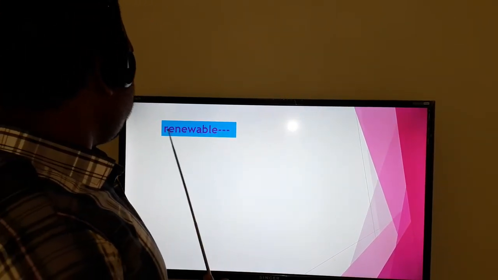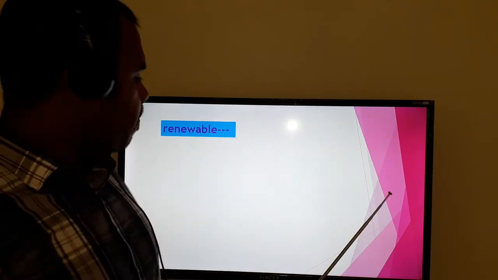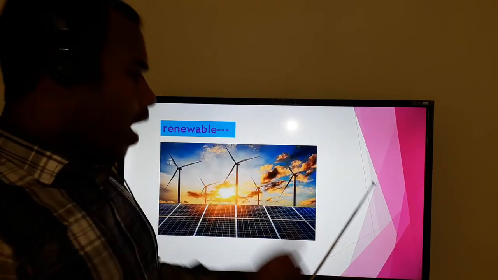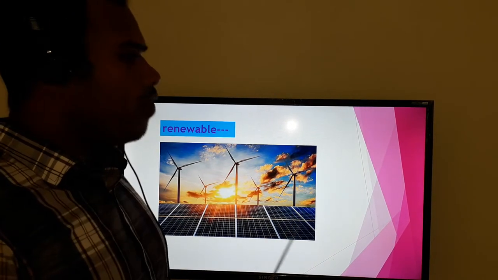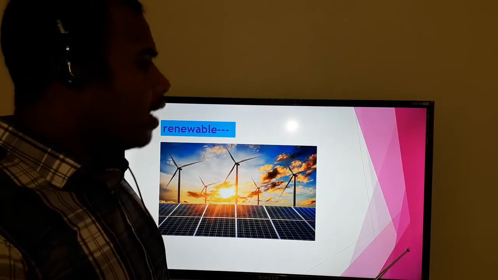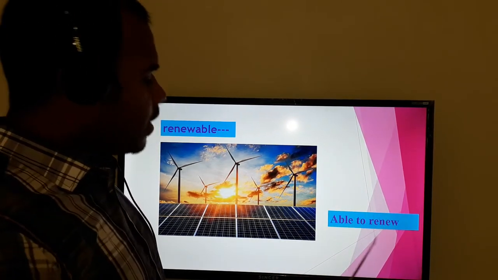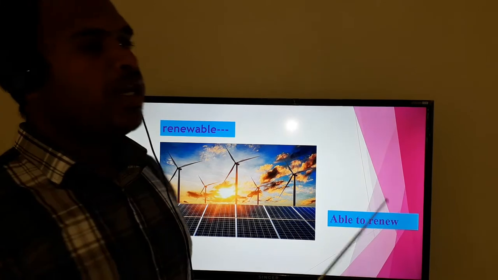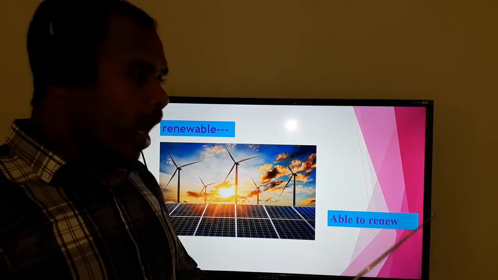And another one is renewable. Have a look, renewable. Can you tell me? You said it. That's a picture of renewable: we can renew, we can use again and again. That is renewable, able to renew. Everything has a time, and after that time passes we have to renew.